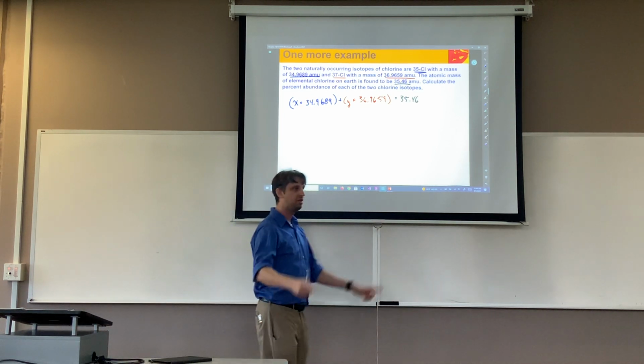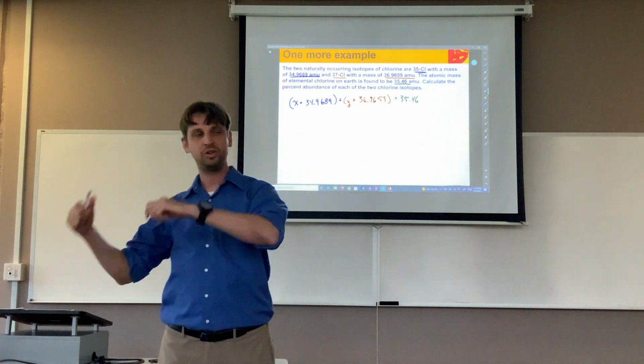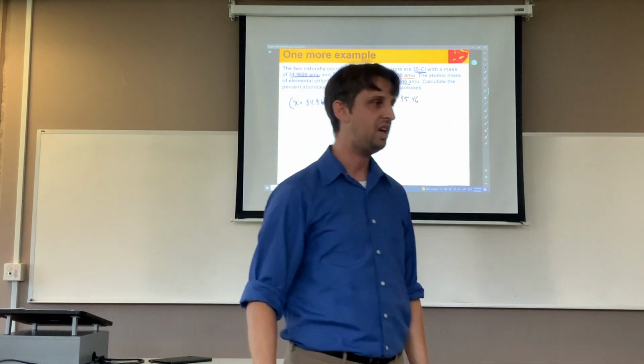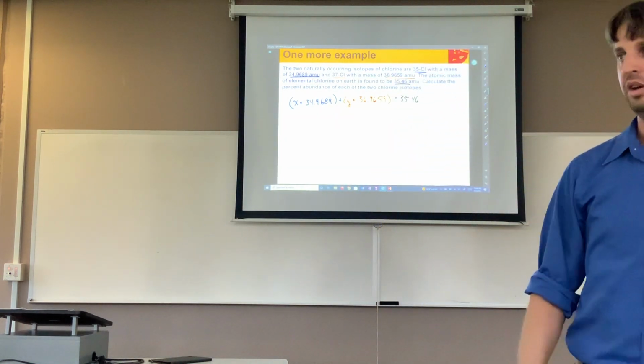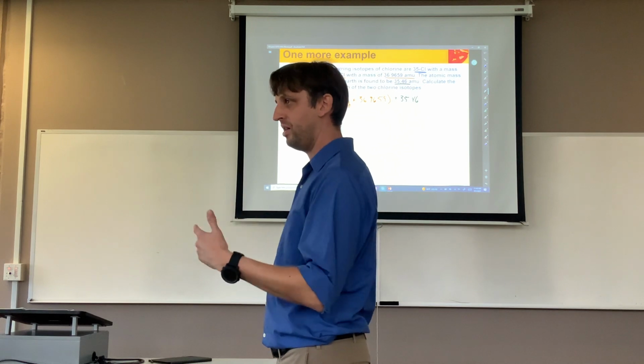You guys with me on this? Percent abundance times mass is equal to the number off the periodic table, the atomic mass. Everybody good on this? So now we have an equation that has two variables.